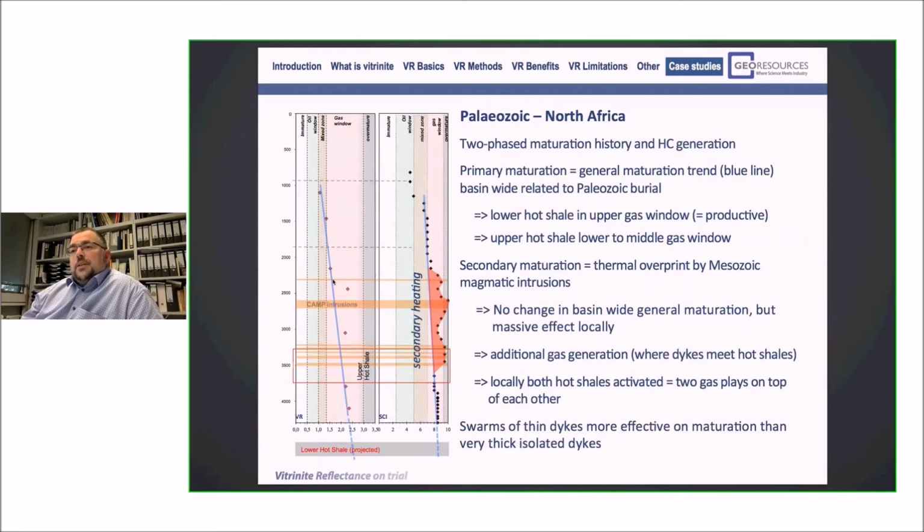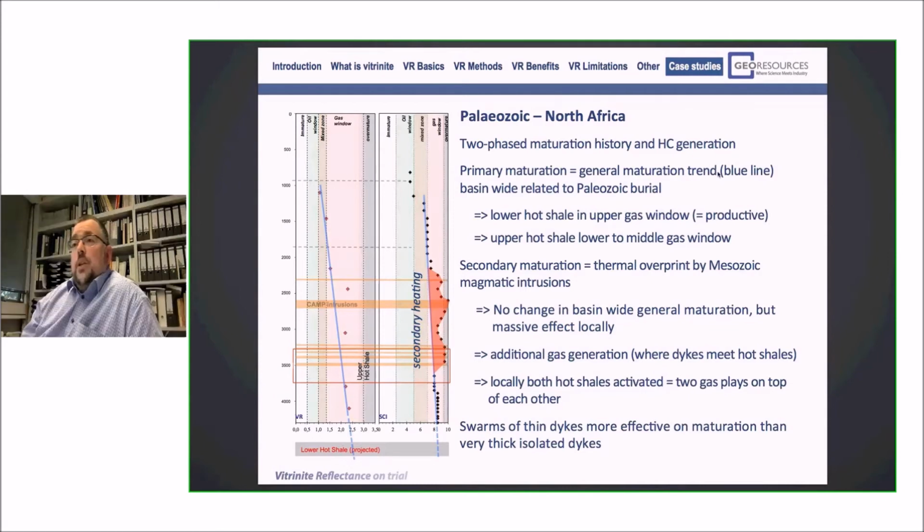So based on these data, we see a two-phase maturation history in this area, and particularly in this well, and also a two-phased hydrocarbon generation. The primary maturation, these blue lines over here, represents a general maturation trend, which is a basin-wide maturation related to the Paleozoic basin burial.